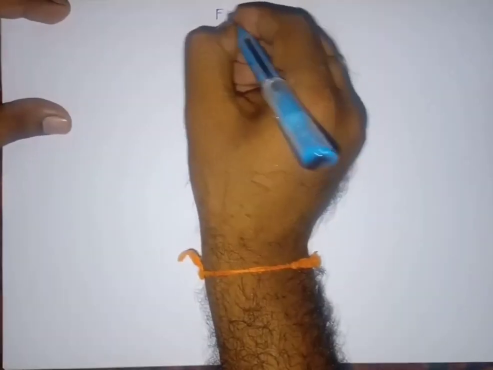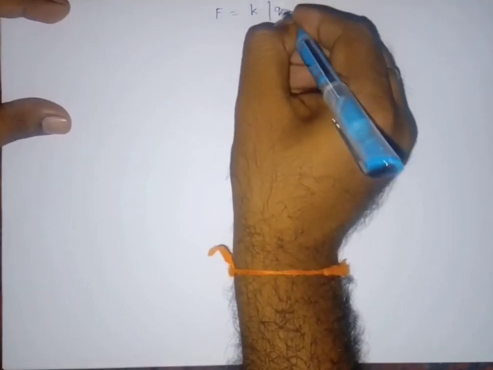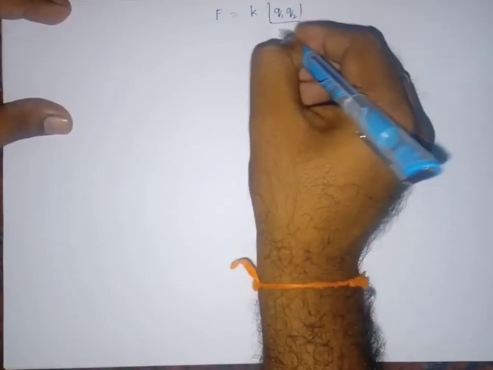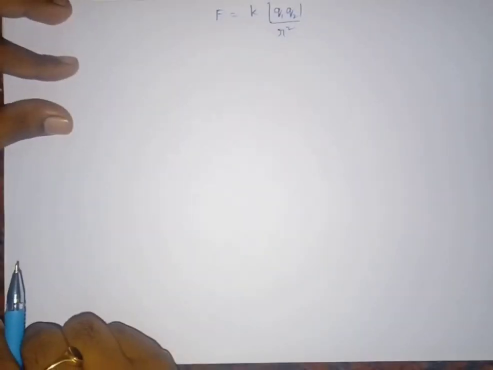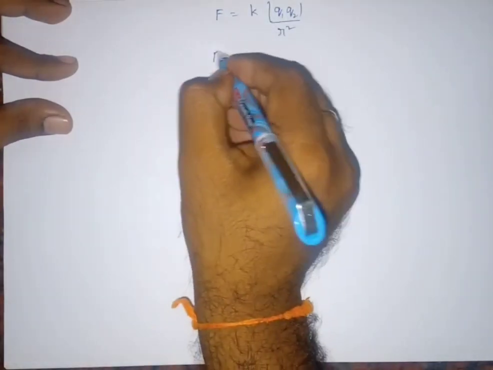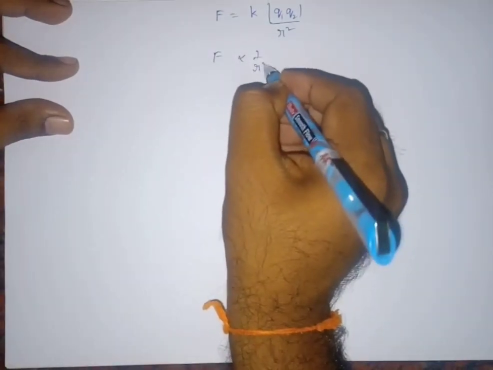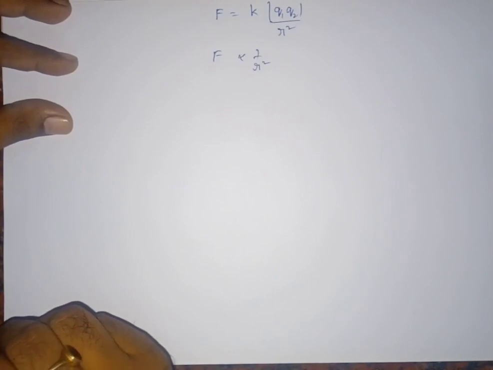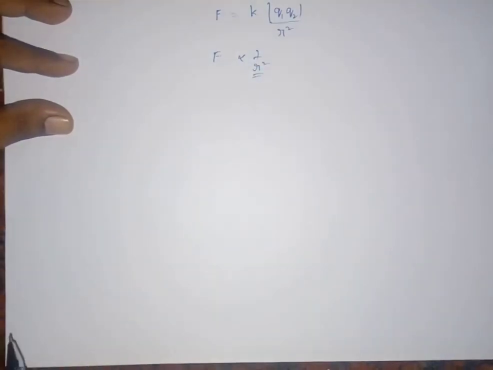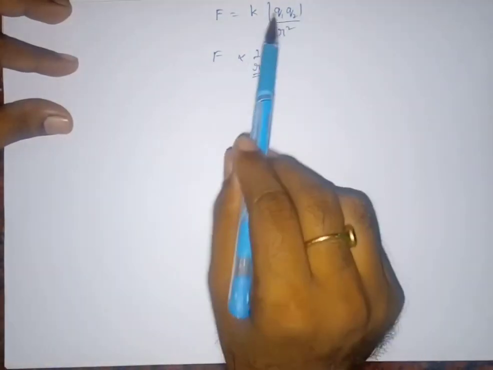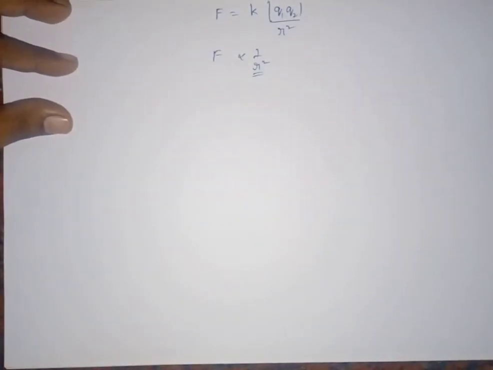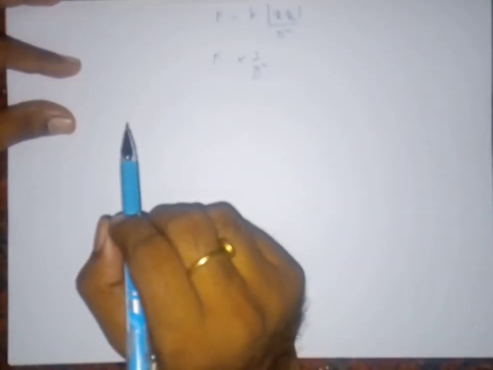So here, if force is equal to K mod Q1 Q2 by R square, force is inversely proportional to distance square. Of course, when the distance alone is varied and the others are kept constant, then force also varies.